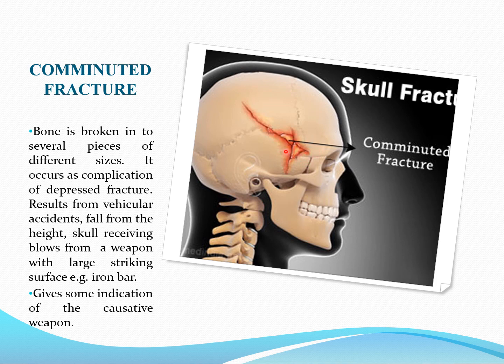The common causes of this type of fracture are vehicular accidents, falls from a height, and the skull receiving blows from a weapon with a large striking surface, for example an iron bar, which is opposite to the depressed fracture.